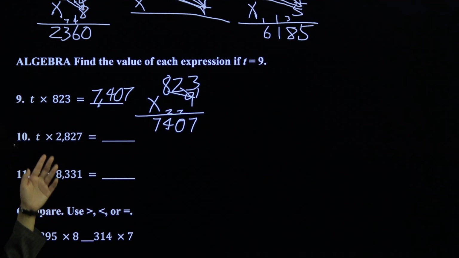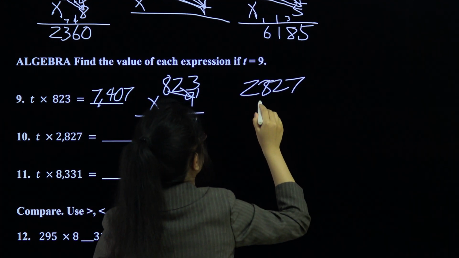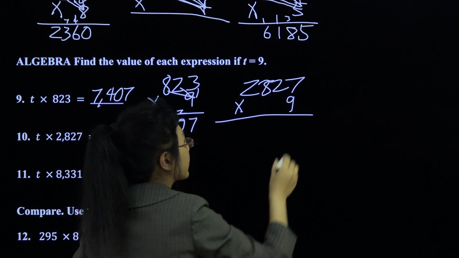Now for t times 2,827, t is 9, so that's what we get.